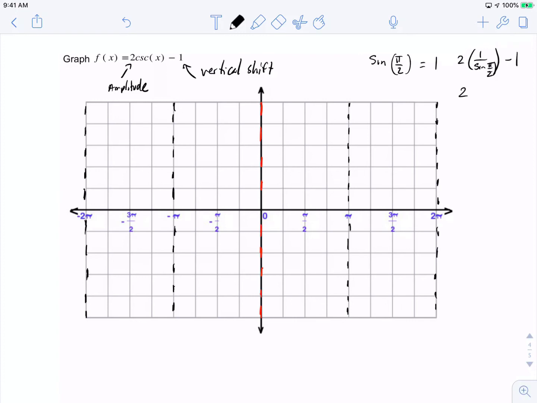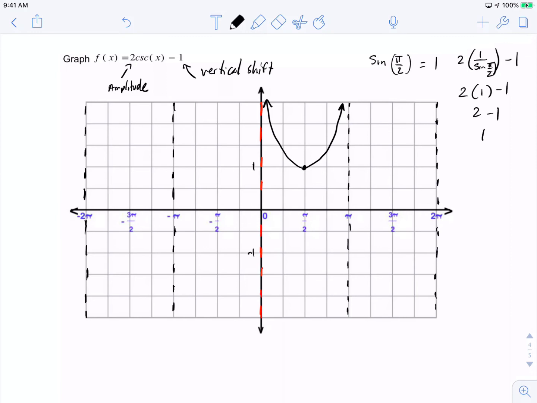We know that's the same as 2 times 1 minus 1. So the amplitude of 2 makes us multiply by 2, which gets us 2. But then when we subtract 1, we end up right back at 1. So it's interesting that in this case, the subtraction of 1 is just going to make our picture look identical to the one that we did before.